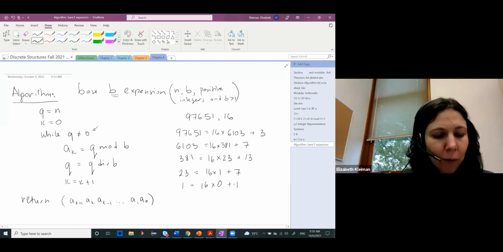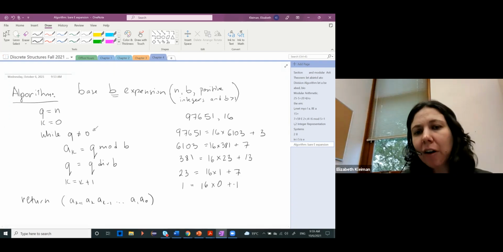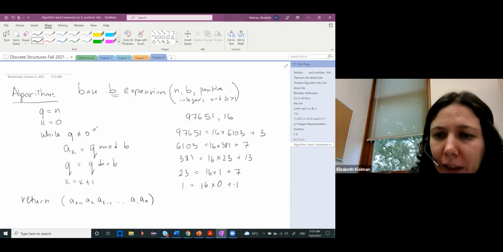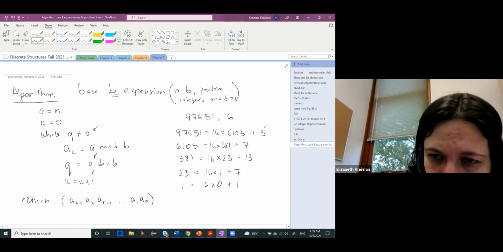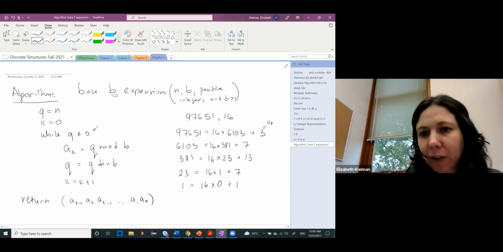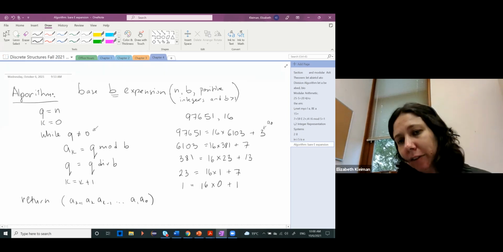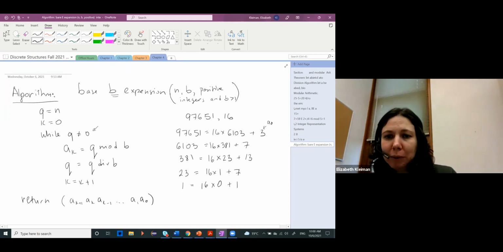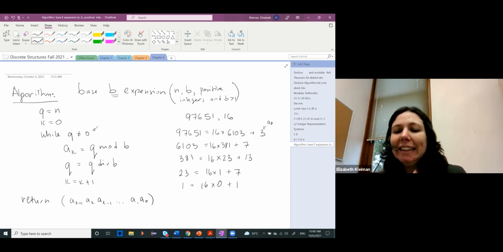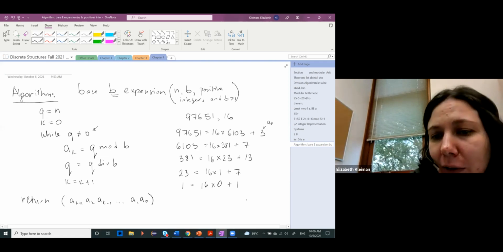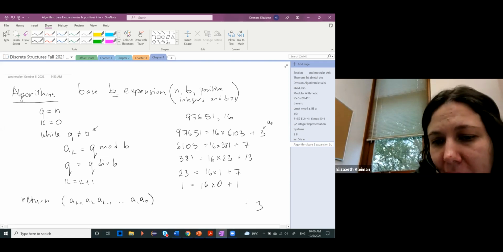And now we need to create our number. One thing to remember, those numbers here are my A's, correct? And the very first one is A0. So this is where it's important. People do get confused on it. You put A0 at the right. So we're kind of going 3, 7.